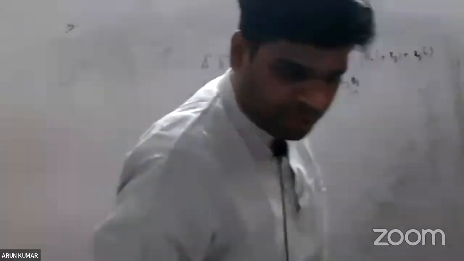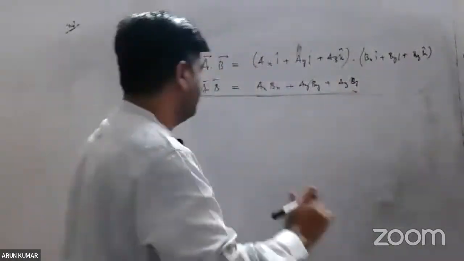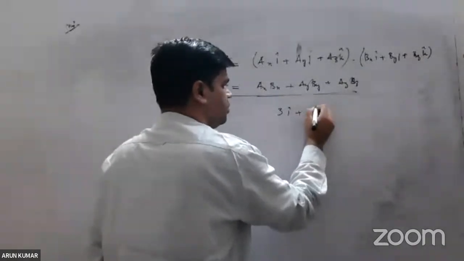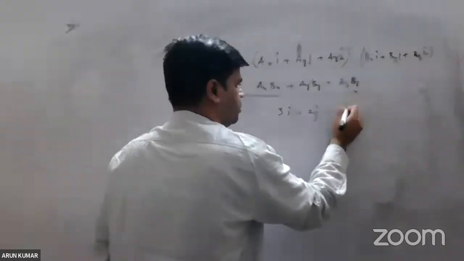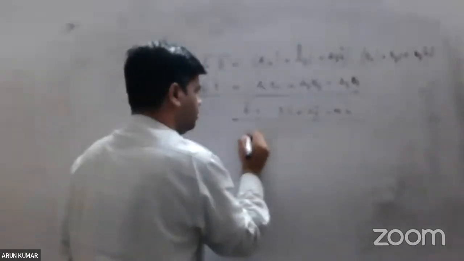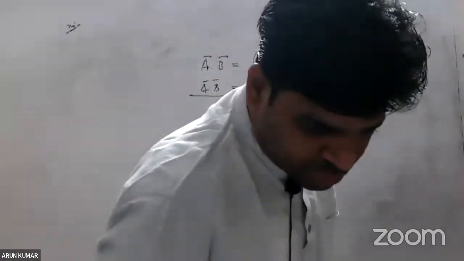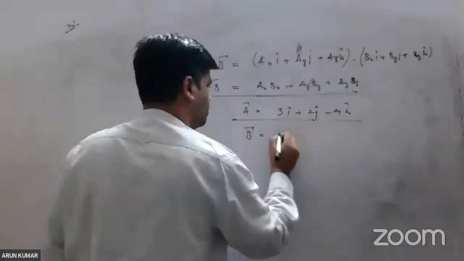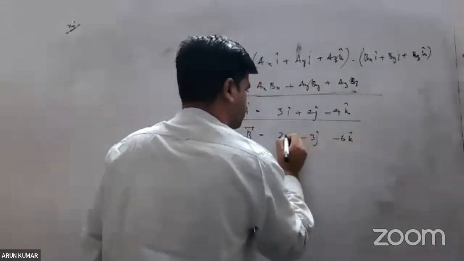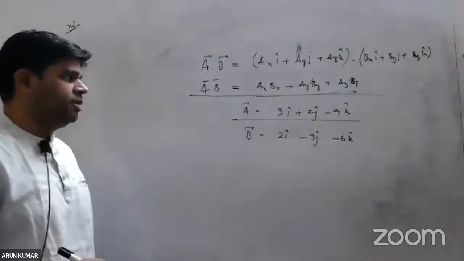For instance, I've got two vectors. A is 2i cap minus 4j cap plus 3k cap, and B is given by 2, minus 3, and minus 6. Find the dot product of these two vectors. How do you find the dot product?